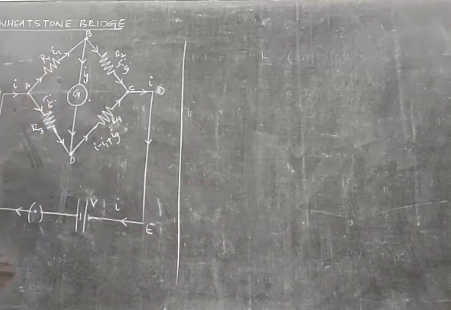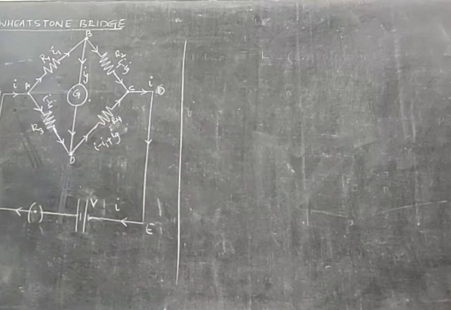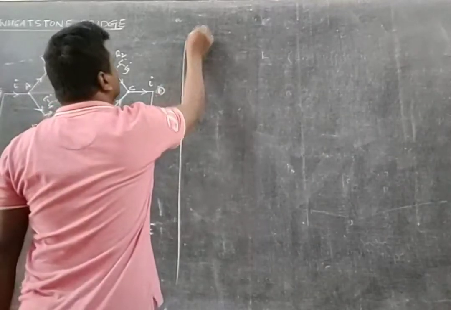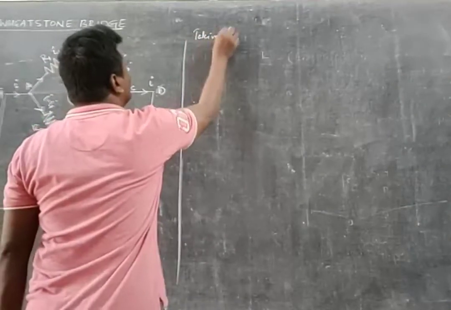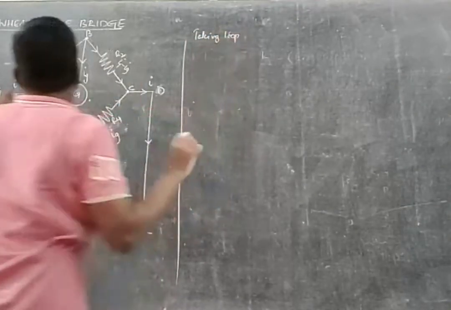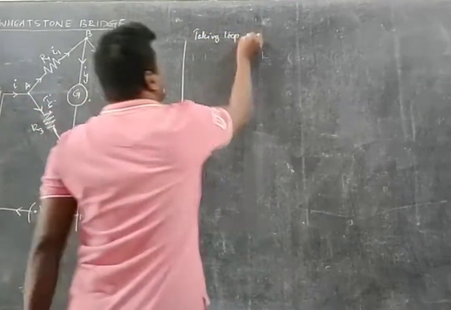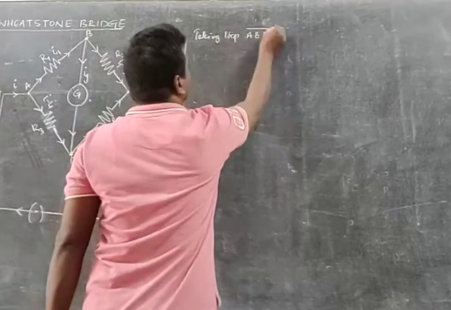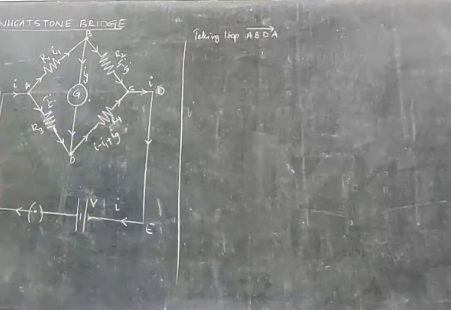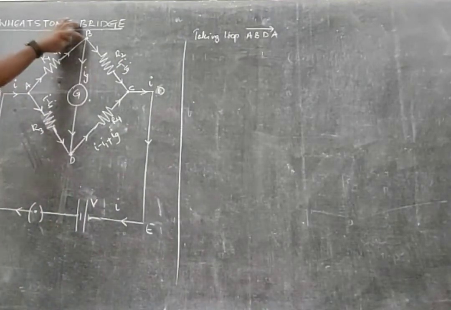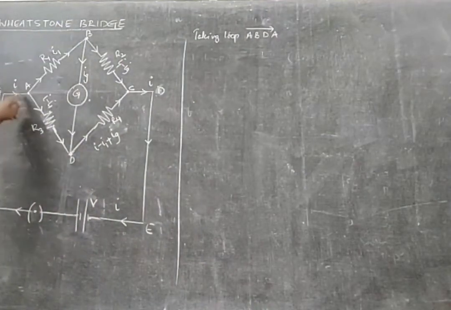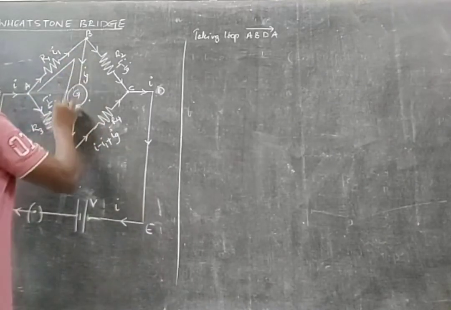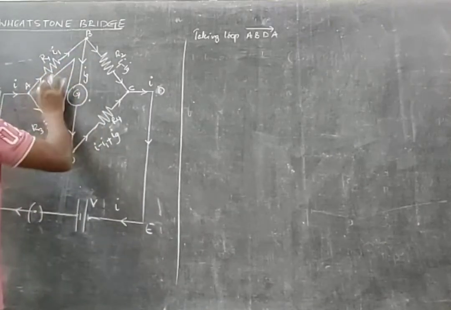So what I consider is loop A, B, D, A. Look at the direction. I started from A, reached B, and so on. So let me draw my direction first. This is how I have to consider it.